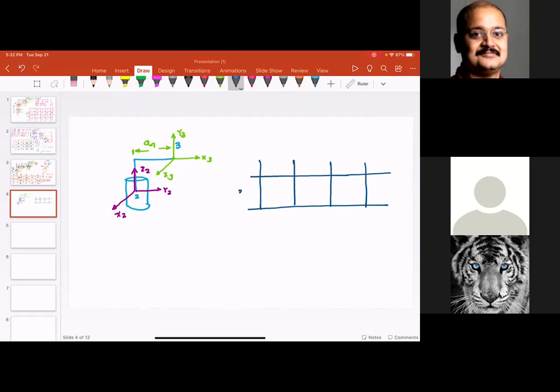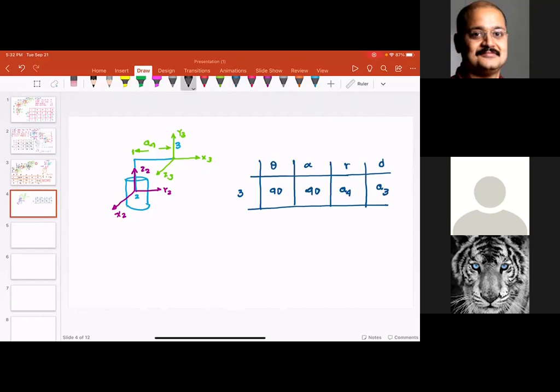So in this particular case, theta is going to be 90, alpha is going to be 90, R, please note, is going to be A4, and D is going to be A3.